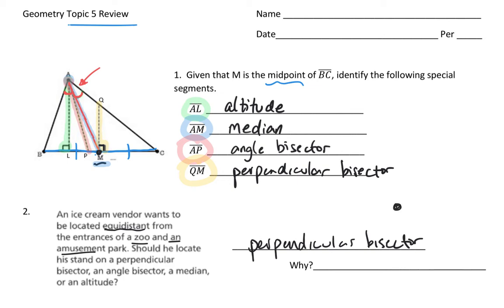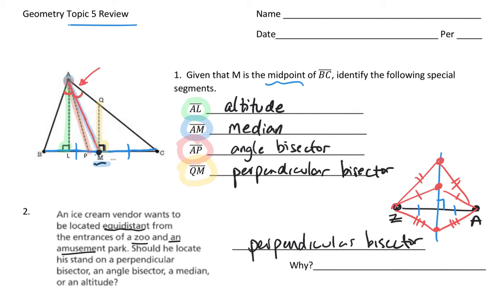If I have 2 points given to me, there's my 2 points, here's a zoo and an amusement park, according to the question. I know that any point on the perpendicular bisector, maybe here, is going to be an equal distance to both sides. Maybe it's here. It's still an equal distance. That's the only thing that we learned about a perpendicular bisector. No matter where you are on that perpendicular bisector, you're going to be equidistant.